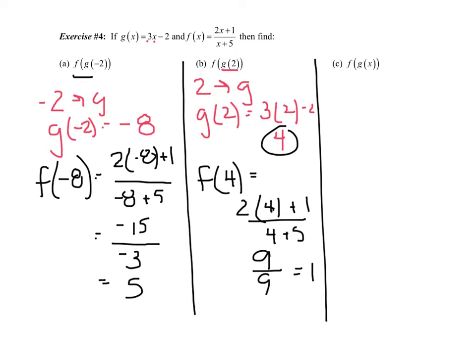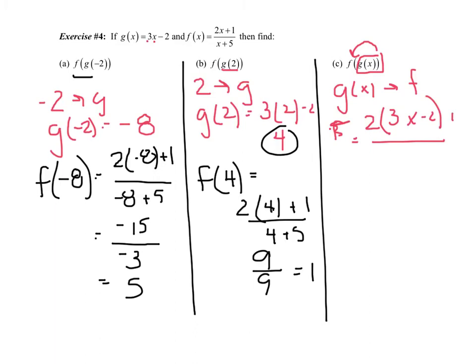All right, next example. I'm taking g of x into f. Okay, I'm taking this whole function into f. So I'm going to say I get 2 times, plugging in g of x, 3x minus 2 plus 1 all over 3x minus 2 plus 5.